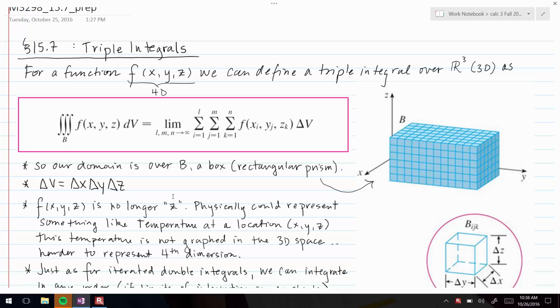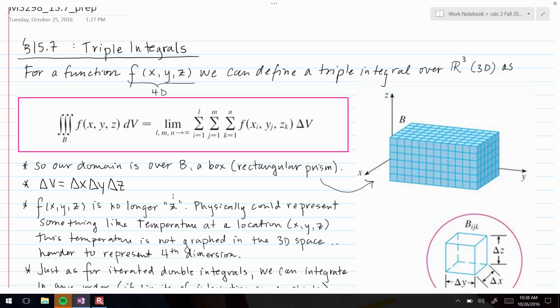An example that I think helps conceptualize this is, imagine that your location x, y, z in 3-space is the input now to our function in triple integral land. And think about something like temperature. We have some sort of heating element that's throwing heat out, and we have circulation in the room, heat rises.